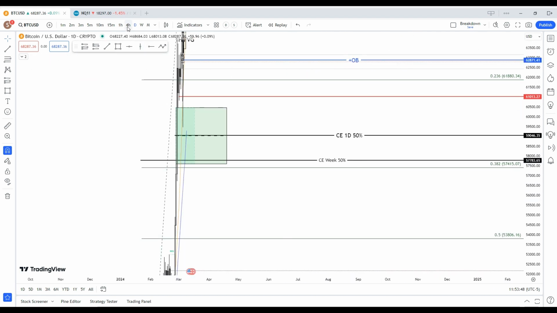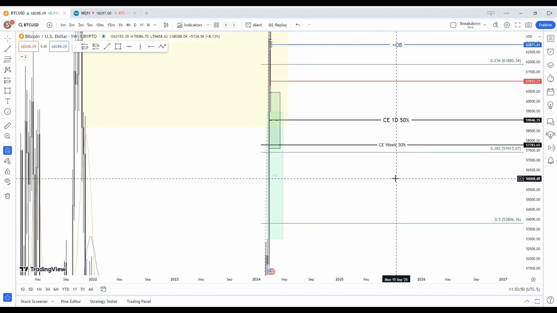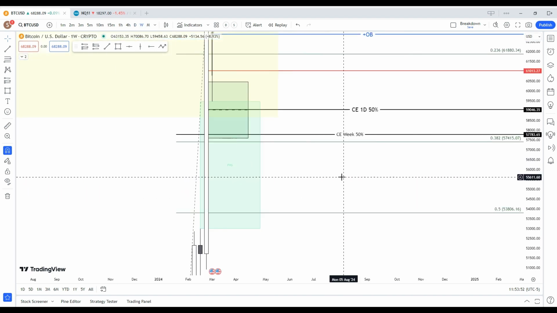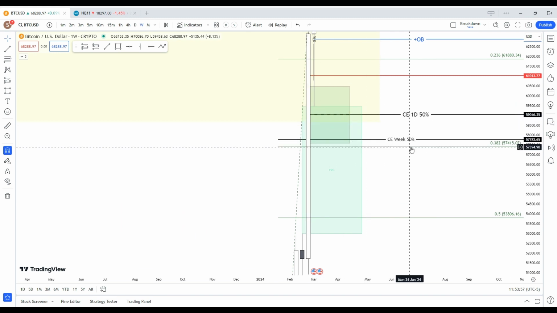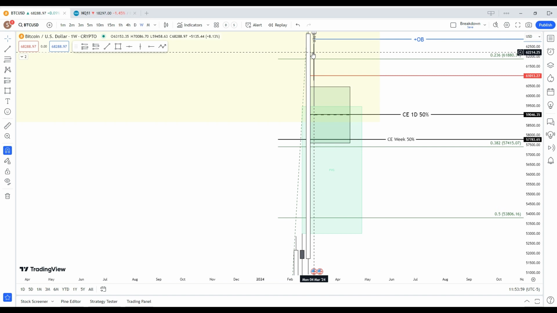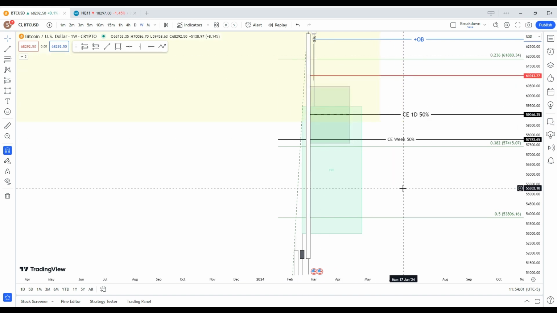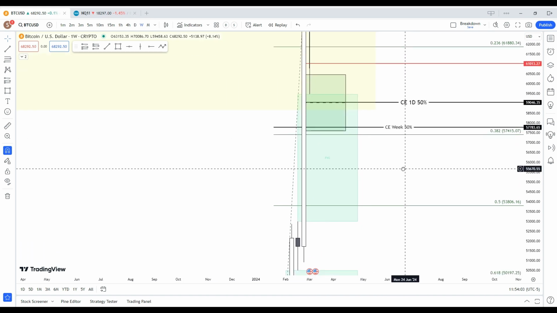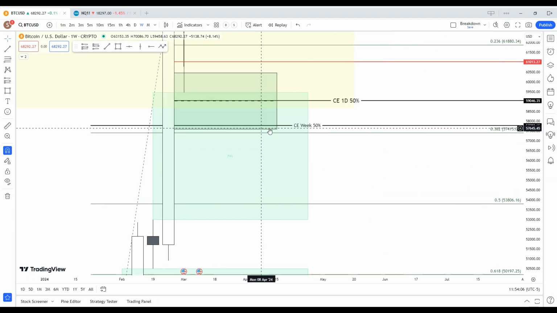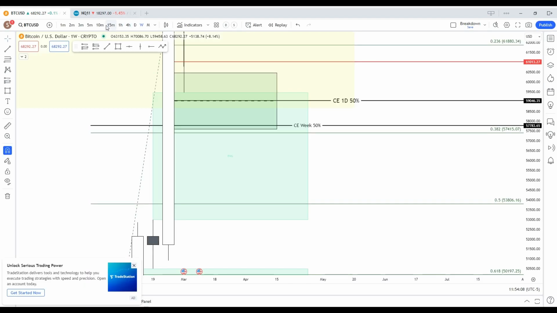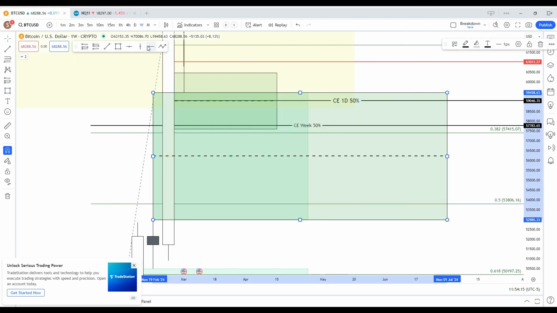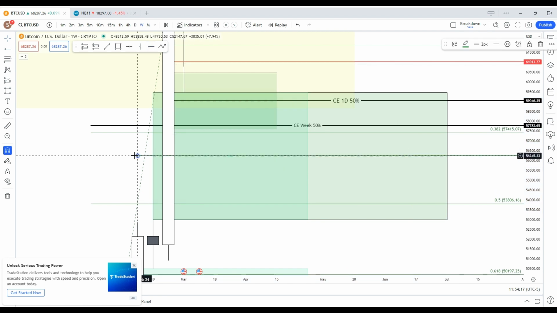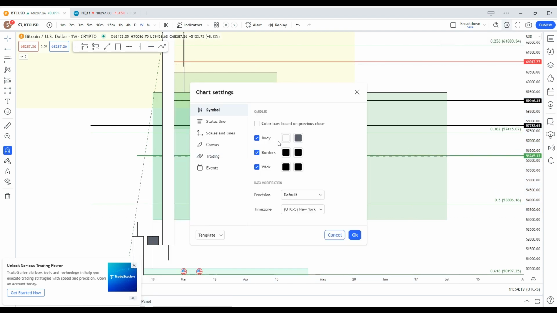So there's a lot of support, right? Okay, so this was the 50 and it got moved down with this move here, but this area should still be respected. Maybe we should just chart the weekly. So it would be this to that, more support, right?